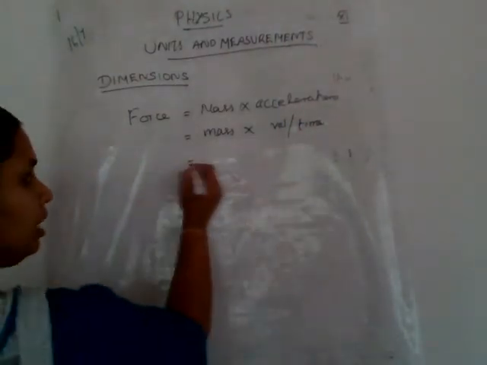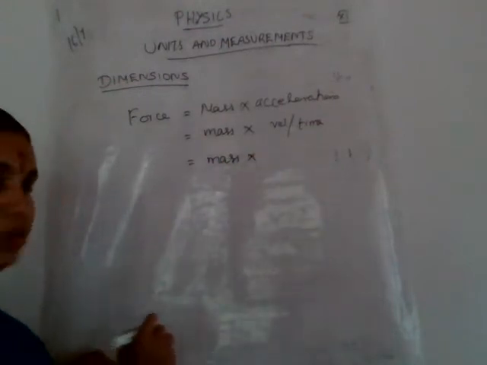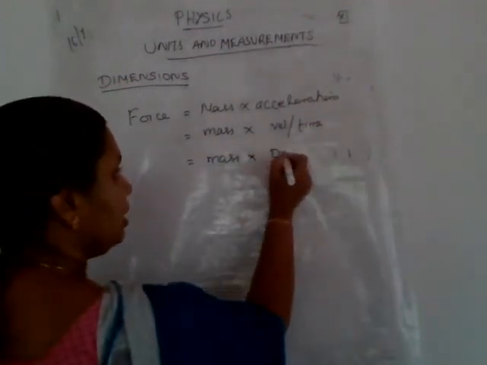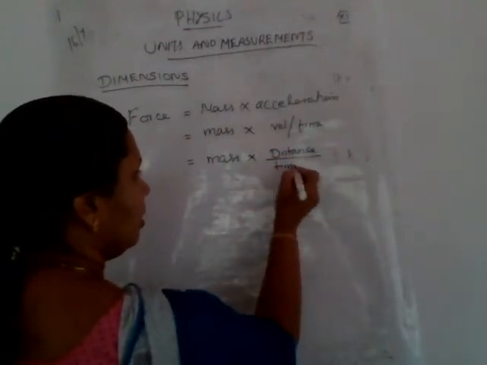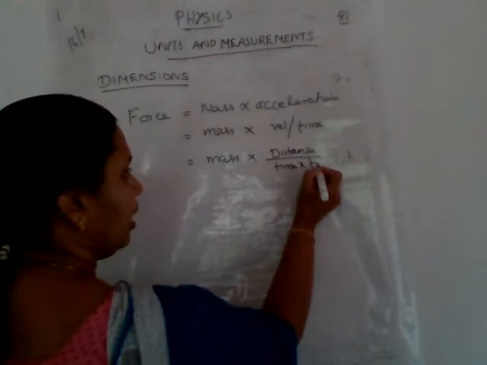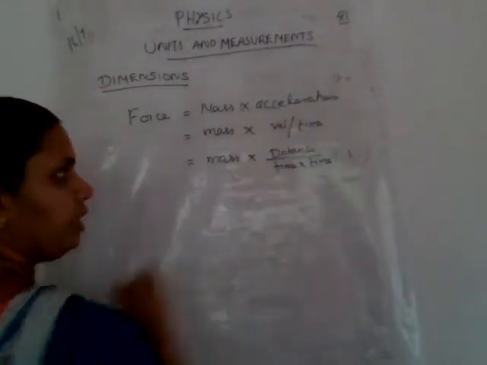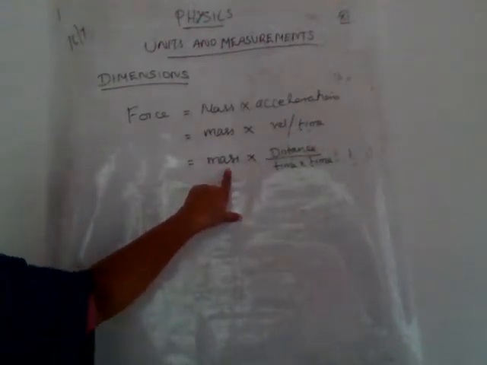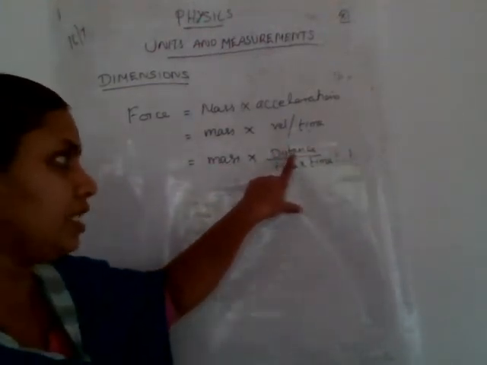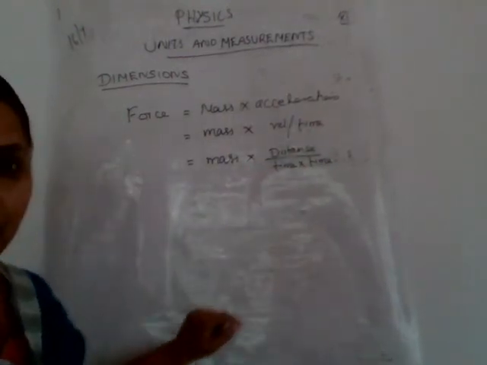Again, what is velocity? We have to bring it in terms of the fundamental quantities. Velocity is distance divided by time, and then divided by time again. Now look at the equation. It depends upon mass, a fundamental quantity, distance, that is length, a fundamental quantity, and time, again a fundamental quantity.